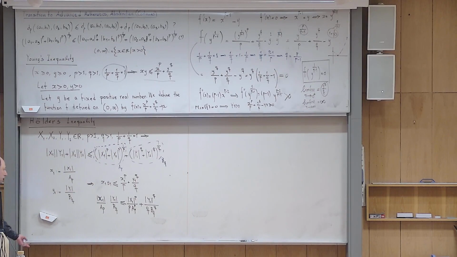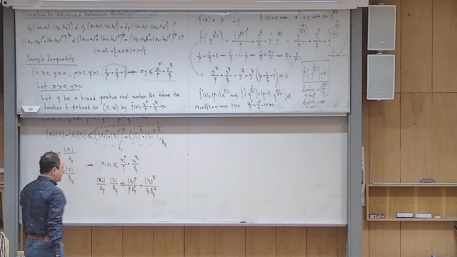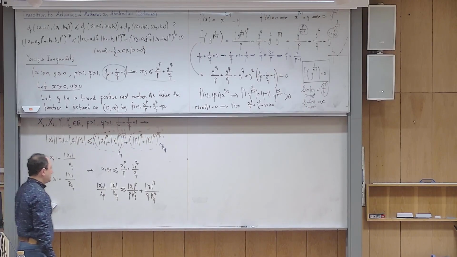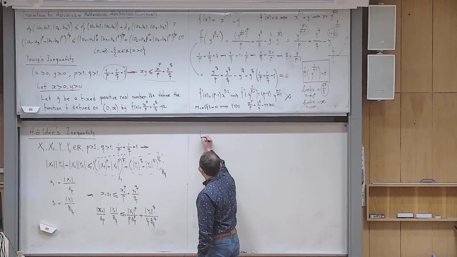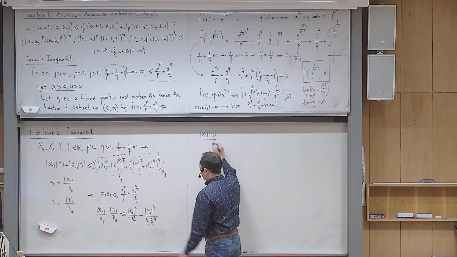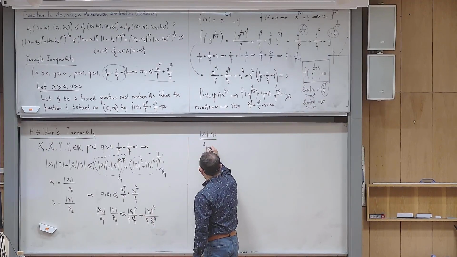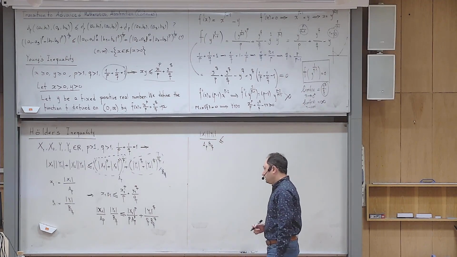Yes? Okay, let's see what happens now. Can I simplify something here? So this becomes the absolute value of x1, absolute value of y1 divided by a sub p times b sub q, the left-hand side, is less than or equal to. So what happens here?